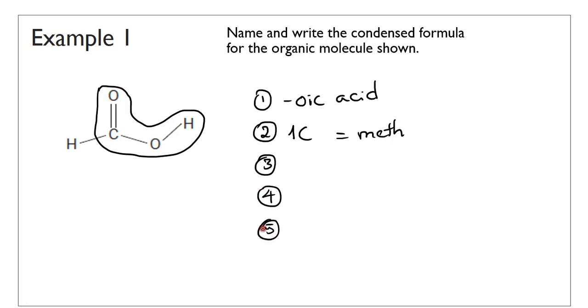So the name of this is just, oh, I do have to point out, you want to show that the rest of the molecule contains single carbon-hydrogen bonds. So the rest is an alkane. And in order to show that, you're going to put an AN after the meth.